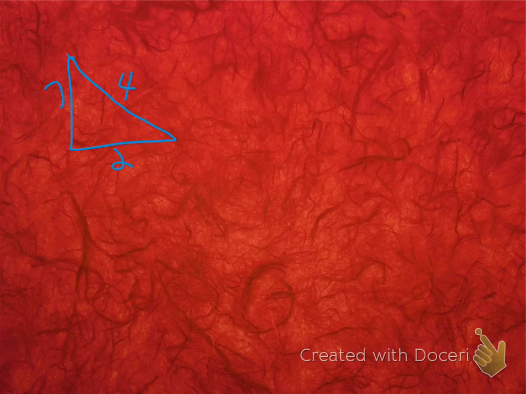I do not know this side and I want to solve it. My theorem is A squared plus B squared equals C squared. What do we not know? We don't know one of the legs. We can call it A or we could call it B, but we don't know one of those legs. We'll go ahead and say we don't know what A is.